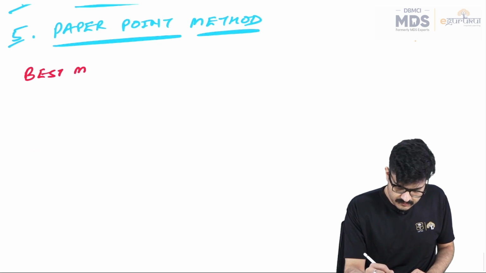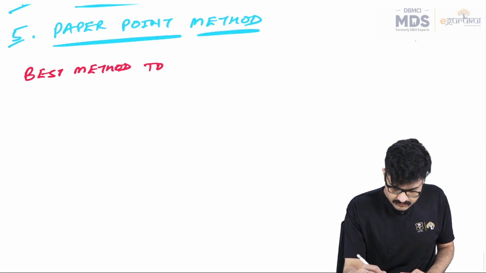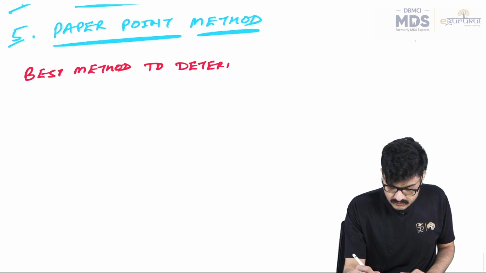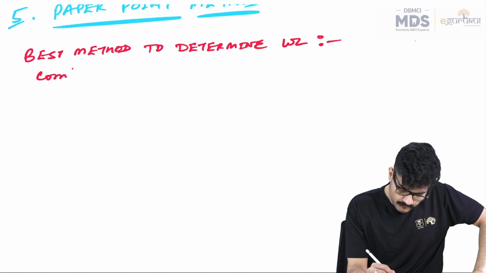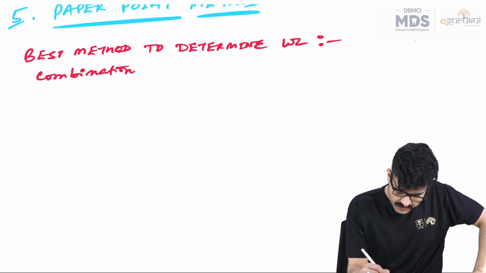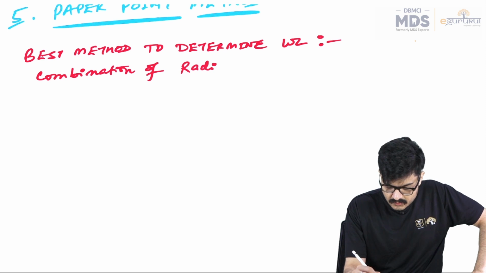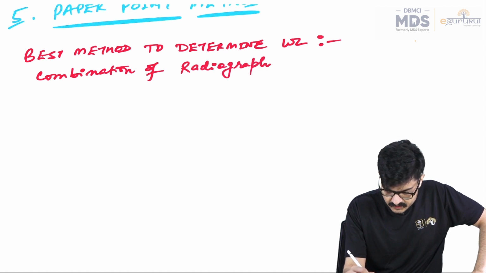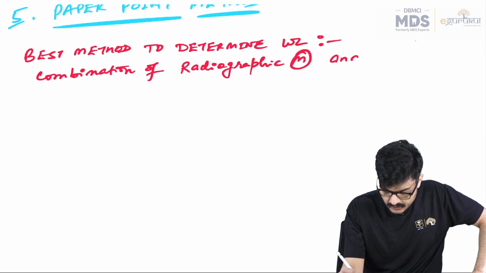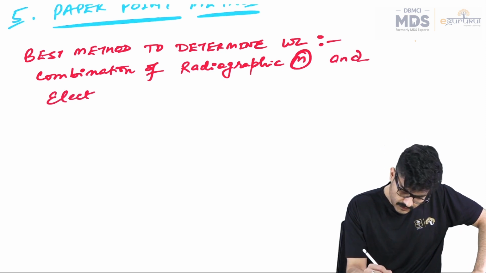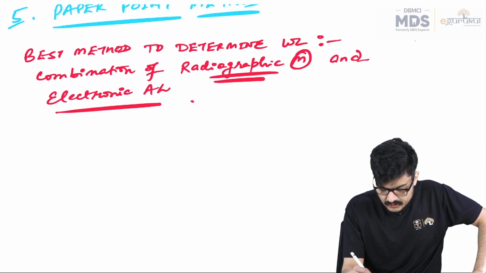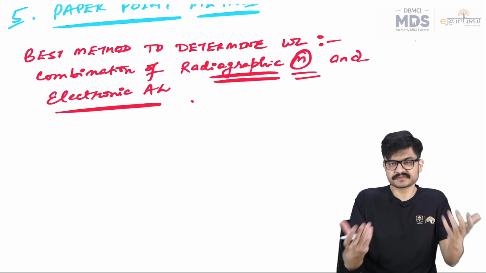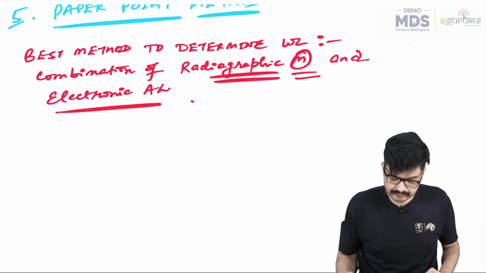Best method to determine working length in general, no special situation is mentioned, is combination of radiographic method and electronic apex locator. Now, within the radiographic method, if someone asks you, obviously Ingle's method is the best, right?